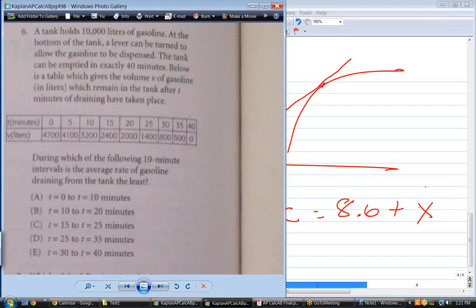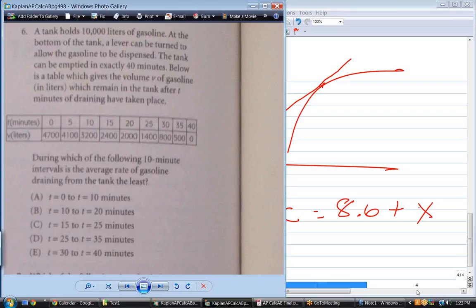Go ahead and read the question. Okay. How much drains in the first 10 minutes? Answer A. Well, in the first 10 minutes, it'd be 1,500.